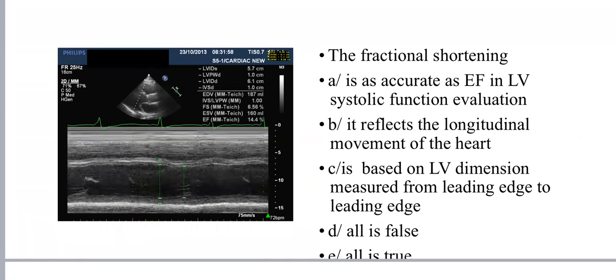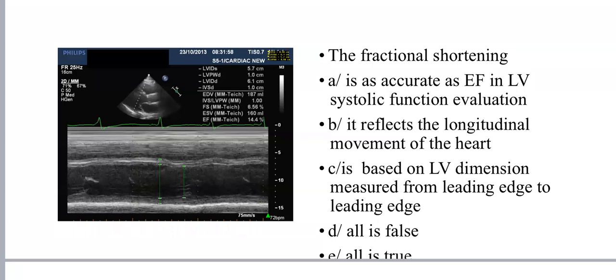So they are four. Now, the radial movement defines what? When you look at the short axis, the contraction and relaxation, so the approximation between the walls and the lengthening between the walls. That's the radial movement, okay?